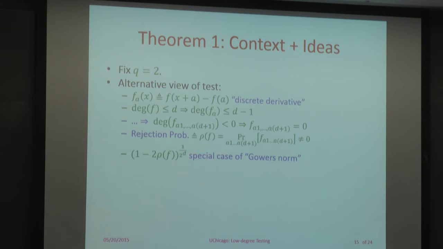If you take a closely related measure, which is 1 minus 2 times that quantity to the power of 1 over 2 to the d, I do not know why these particular numbers, now you actually get a norm on functions, and this is a special case of the Gowers uniformity norm on functions.